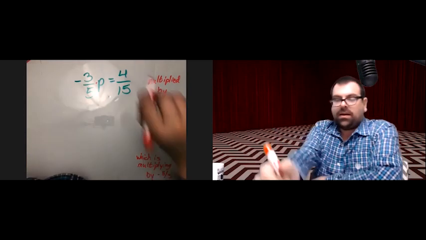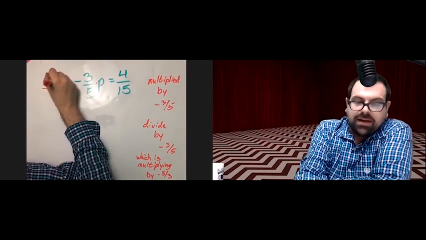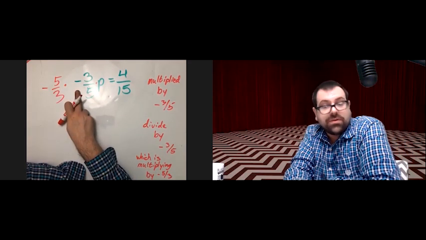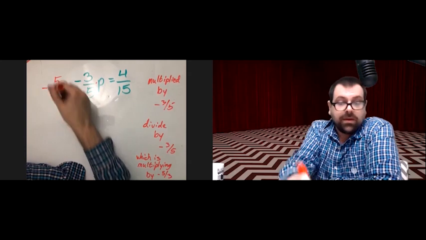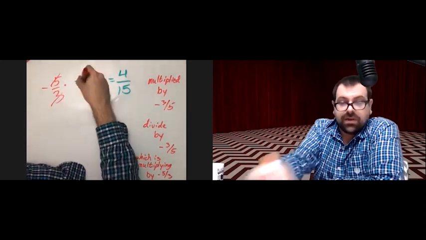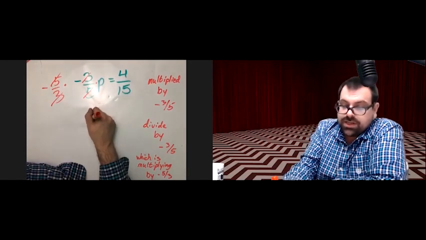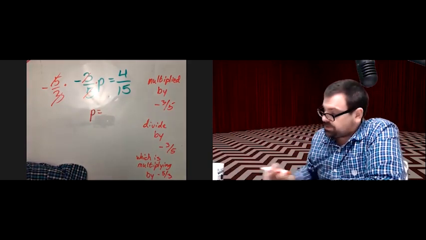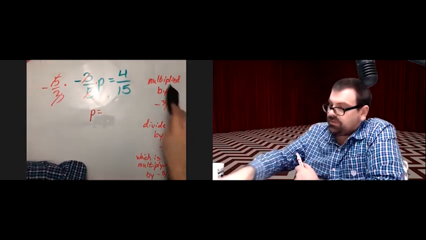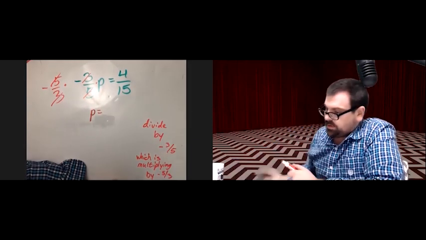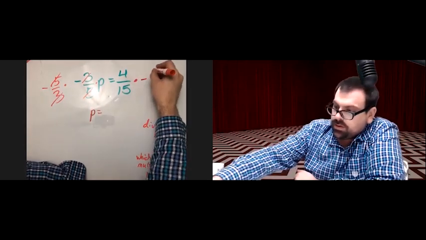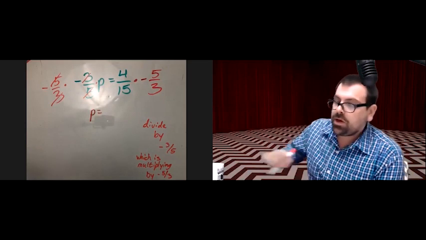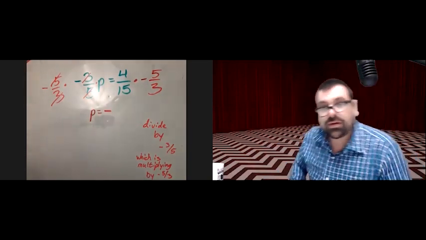So how about that? If we multiply this side by -5/3, negative times negative is positive. So there's no more sign there. The 5s cancel and the 3s cancel, just leaving us with p. So p is going to be whatever 4/15 times -5/3 is. Positive times negative is going to be negative.